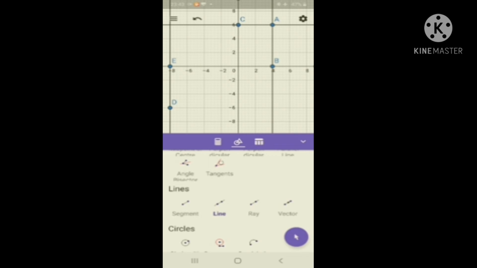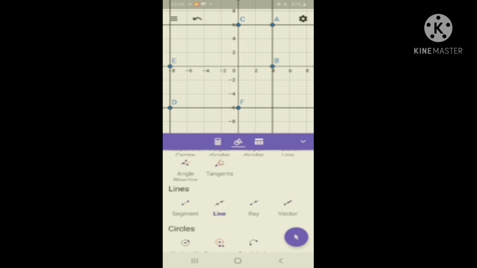Again, we draw a perpendicular on the y-axis. So DF is perpendicular on the y-axis. So the distance of F from the origin is at -6 unit. So the ordinate of the point D is -6.